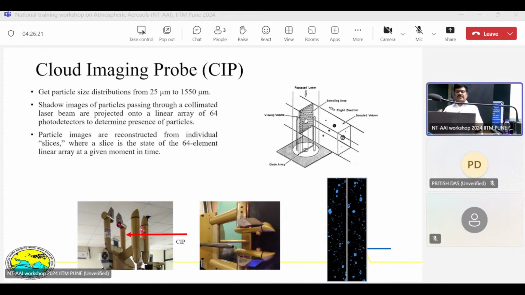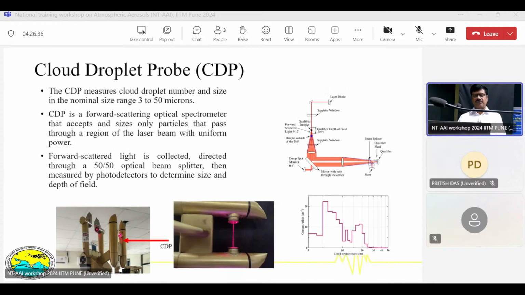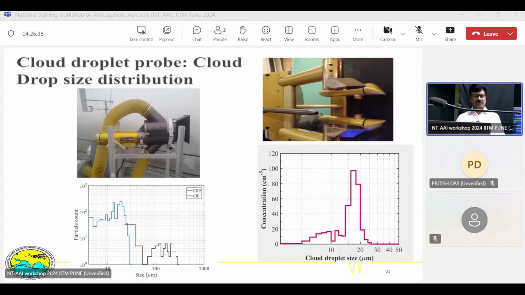Then there is another probe which we use for larger particles. The same probe is used in aircraft also. The only difference is that in aircraft you can fit that probe directly, whereas on the ground you have to slightly modify it, because in aircraft you are going with a known speed.